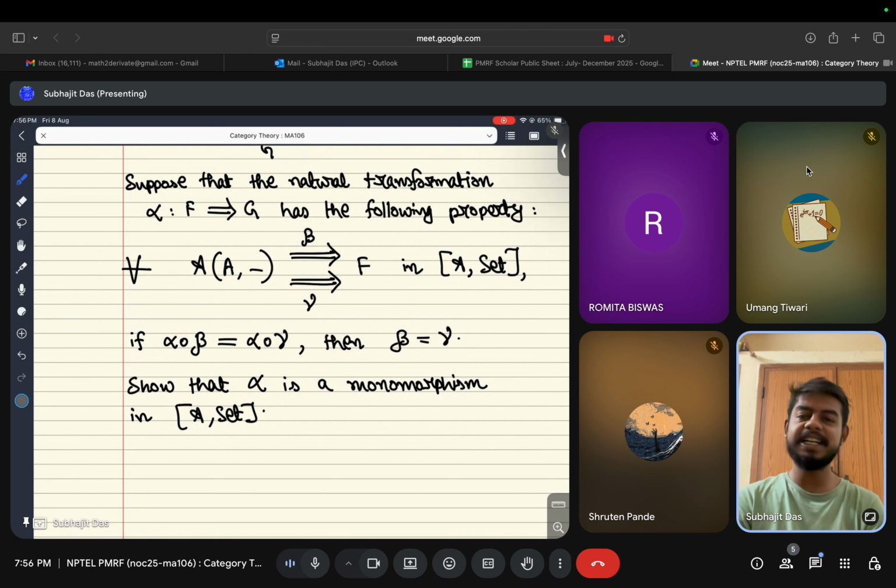Now, this condition looks very similar to the notion of a monomorphism, but there is one slight difference. What is the difference? To show that alpha as an arrow in the functor category is a monomorphism, you need to show that it's left cancelable.